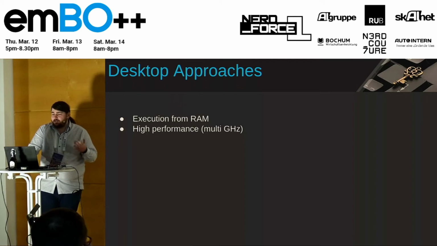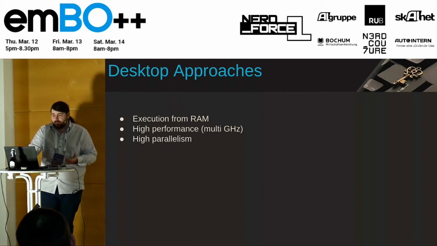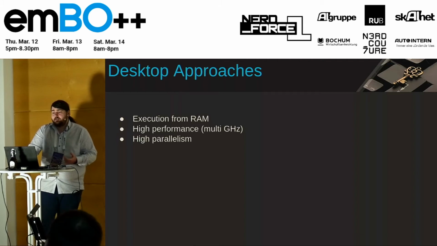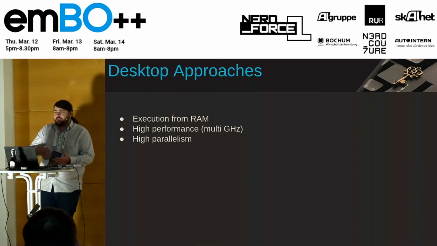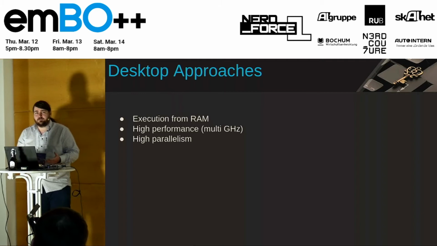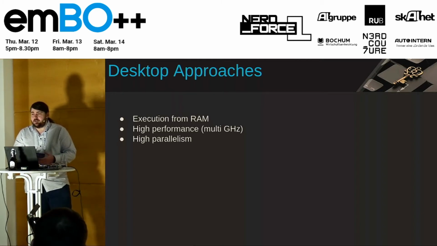And we are talking about a really very high performance desktop system. You just have a lot of computation power to do anything. And you have high parallelism. Nowadays, a dual core is your standard, quad core is more like the norm currently, and you can have multiple cores, so you have a lot of power in parallel if you can use it for your obfuscation.